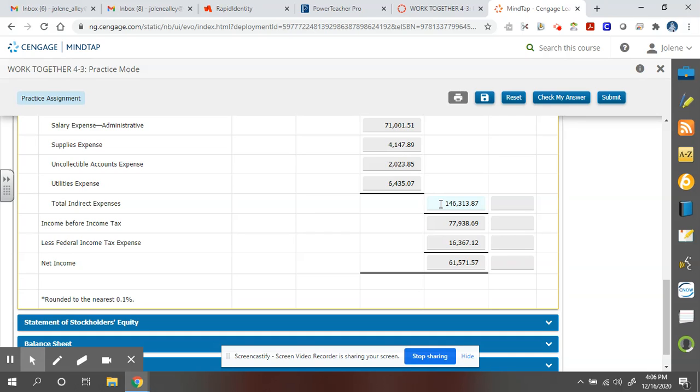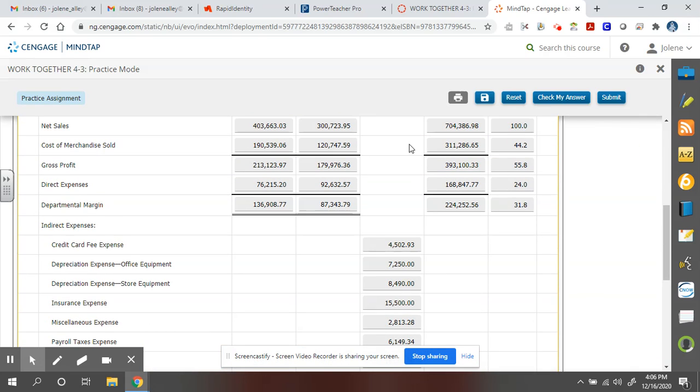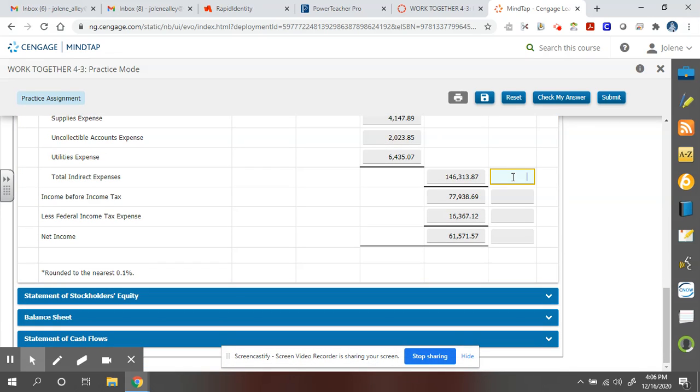Remember how we did that? 146,313.87 divided by net sales, 704,386.98. And it comes out to 20.8%.